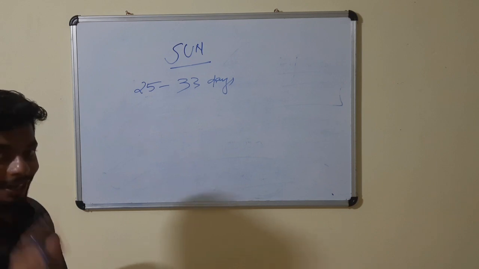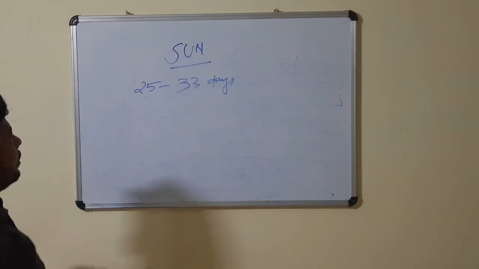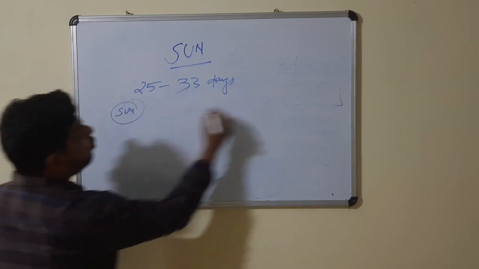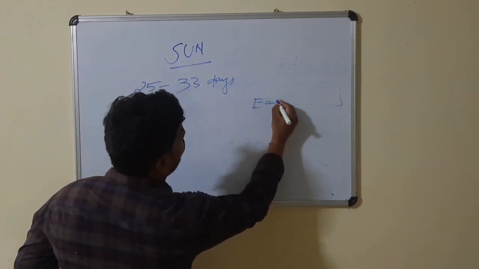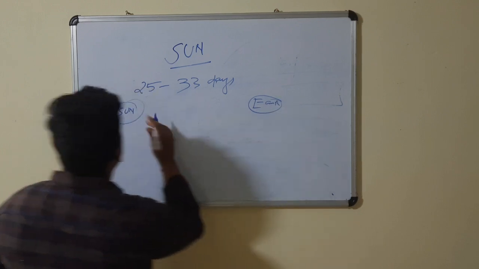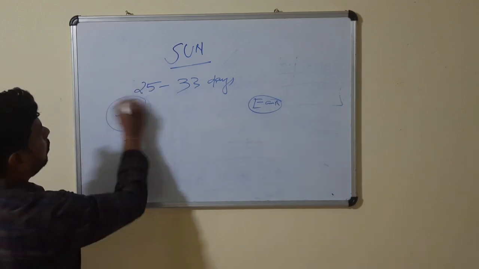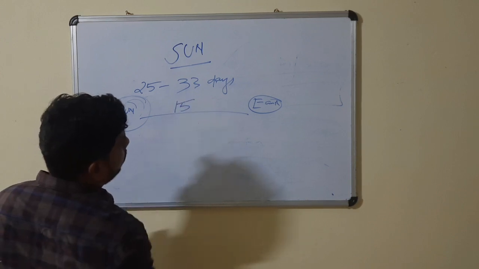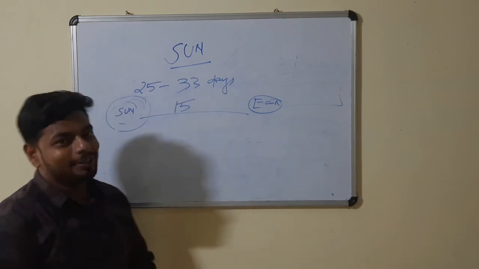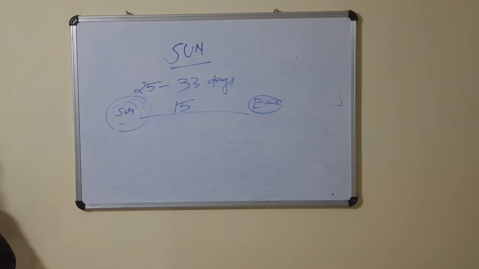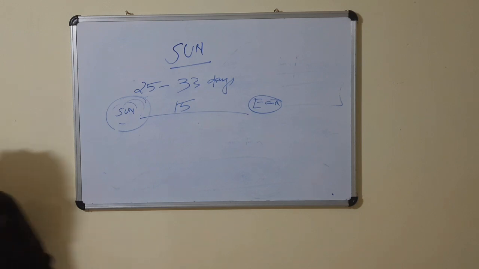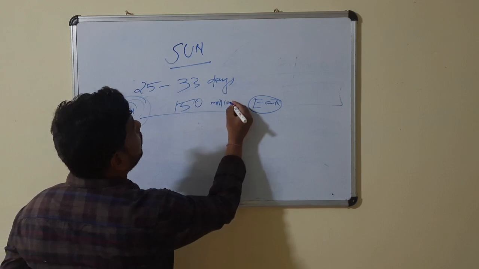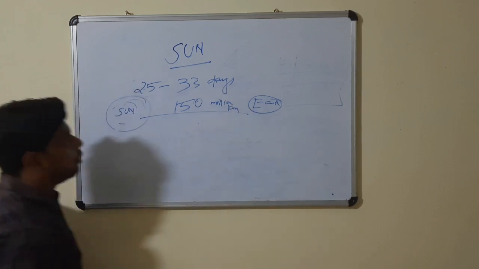Another interesting fact is the distance from the sun to earth. How much? 150 million kilometers.